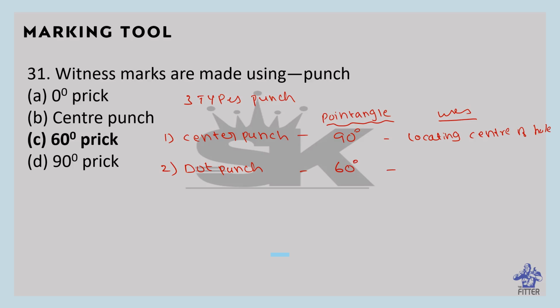These punches are used to make witness marks on scribed lines.